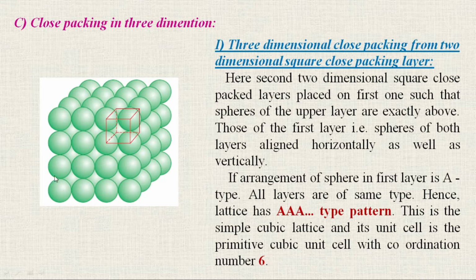Since every row is identical, we can call it a pattern of lattice structure, and this particular lattice has a unit cell in the primitive cubic category, and they have a coordination number of 6.